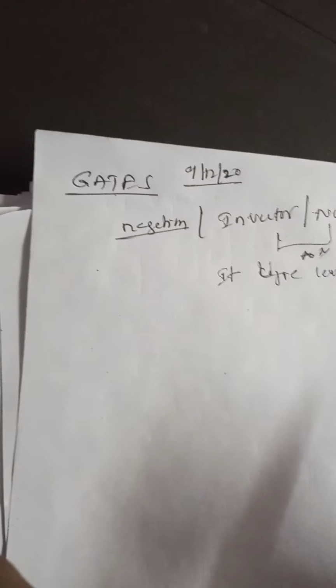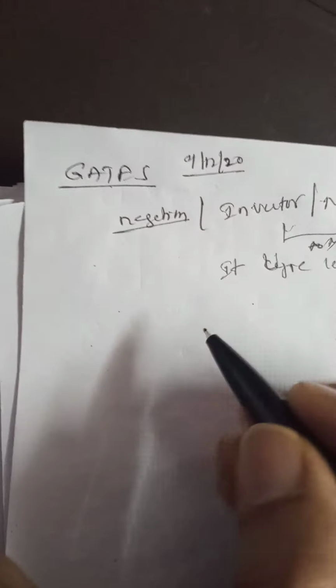In simple words, if we talk in bits, it changes the level. Suppose if the level is 0, it changes to 1, right? If the level is 1, it changes to 0. It changes to its opposite level, that's it, right?